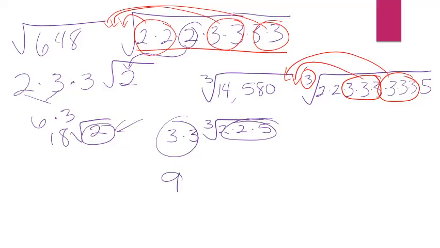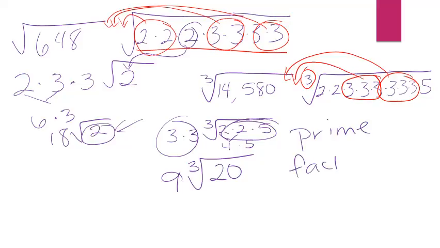We end up with 9 times the cubed root of 4 times 5 is 20. And you can do this for pretty much any number anytime. The big trick is to always find your prime factorization first. And you can do that on your calculator. I've shown you how.